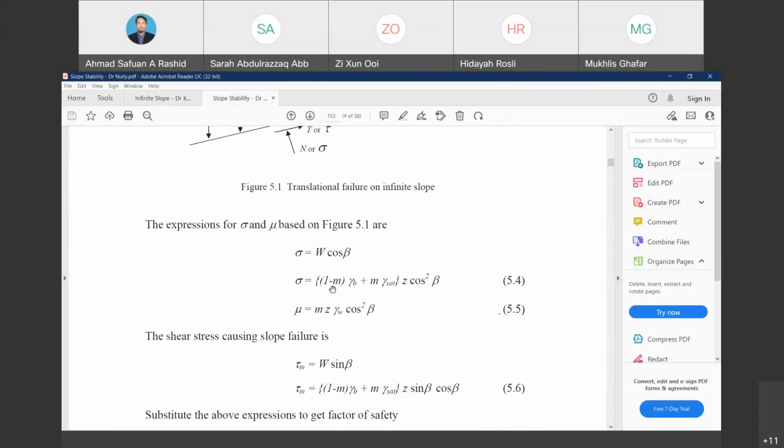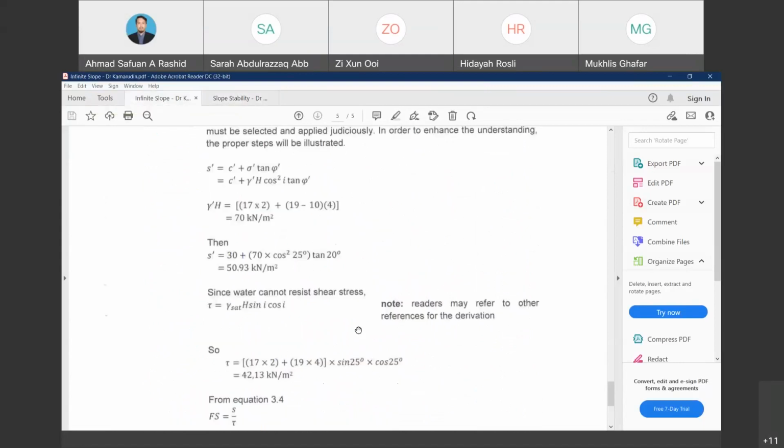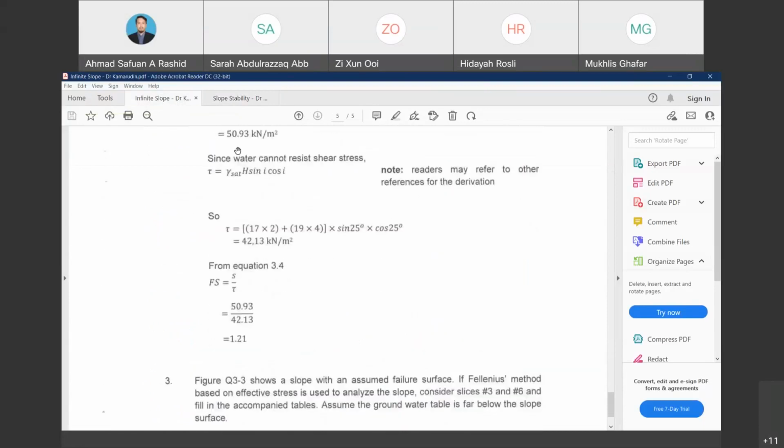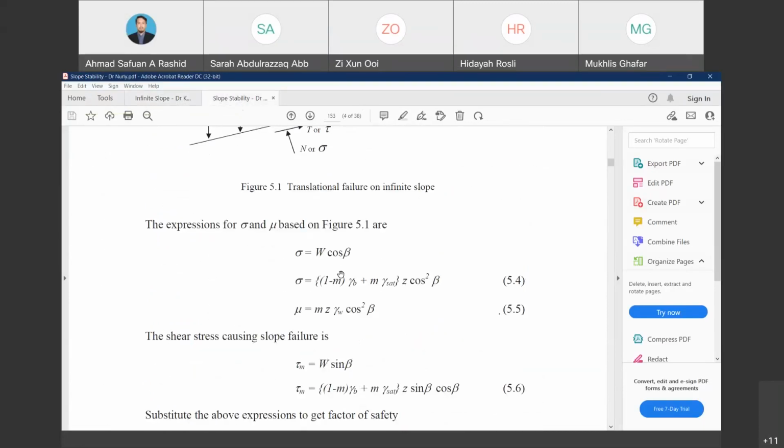for the M, in this case, M is equal to 4 over 6, which is 0.67.